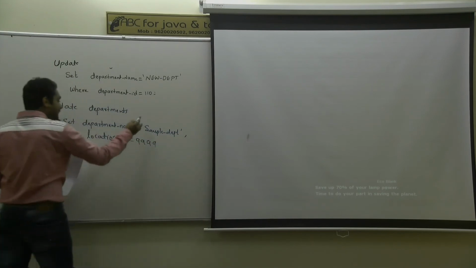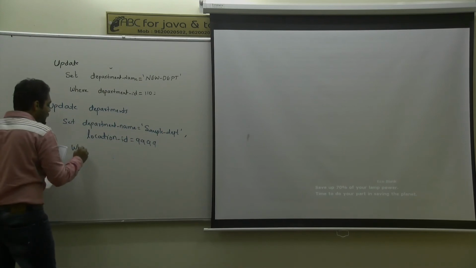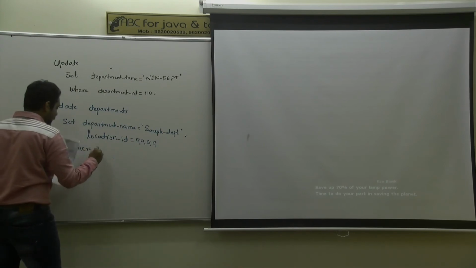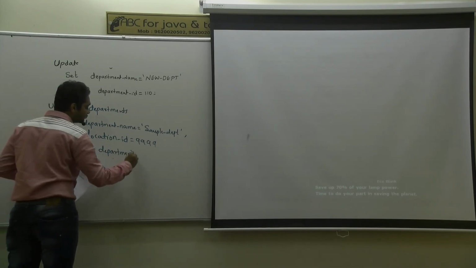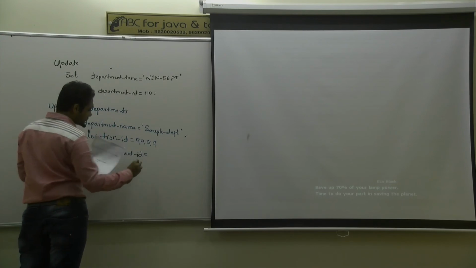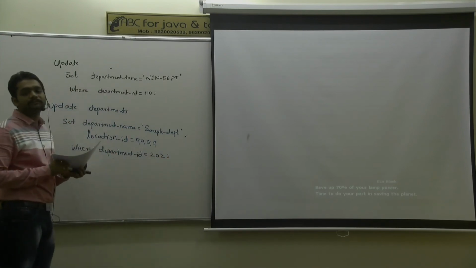But these two, wherever you want, you should not set. You have a condition. These two I have to update wherever department ID is 202. There only you have to set.